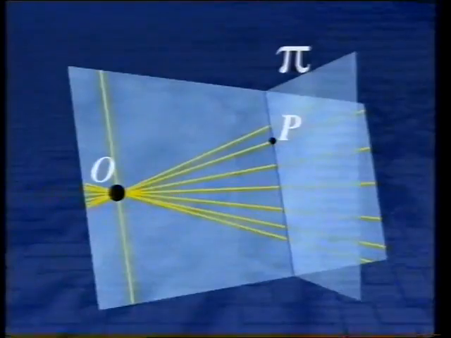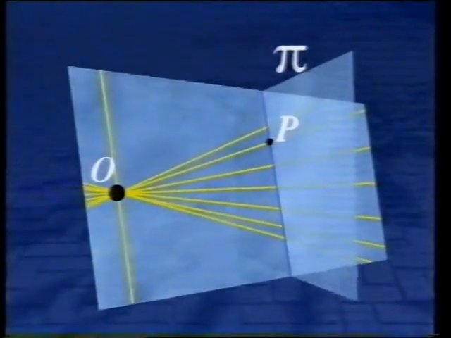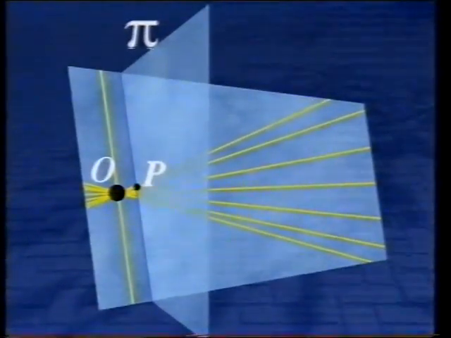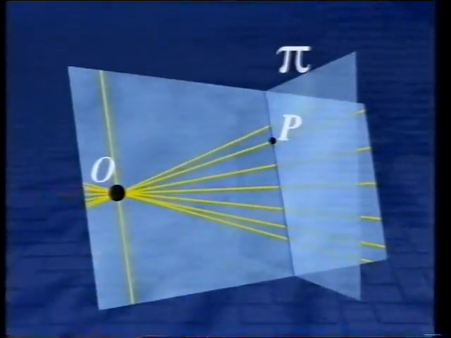But what about Euclidean lines through O that are parallel to the plane π and so never meet π? We call these the ideal points with respect to the plane π because we can only have an idea of them in the plane π.